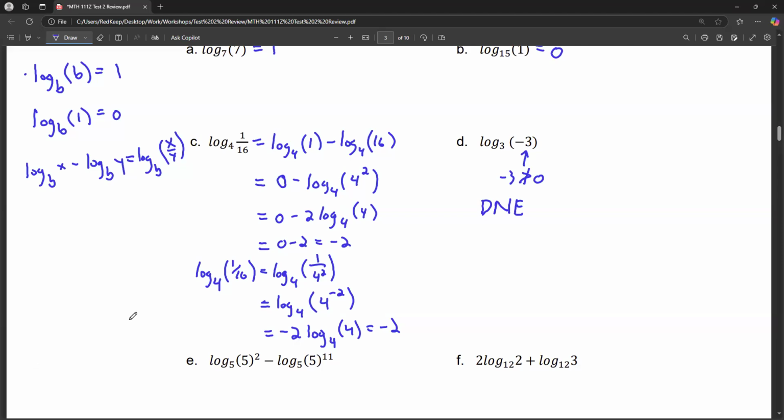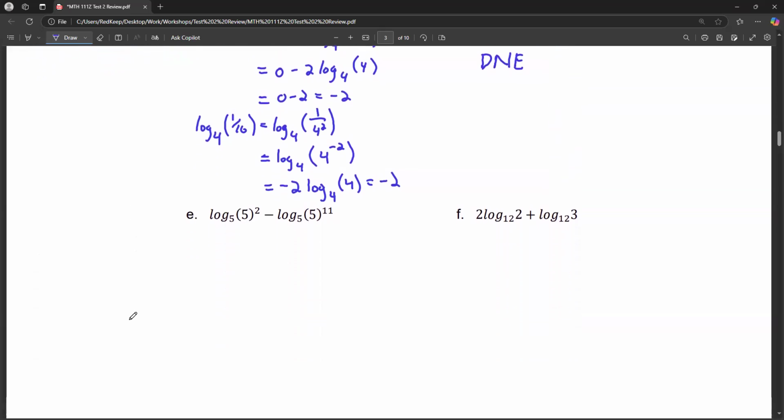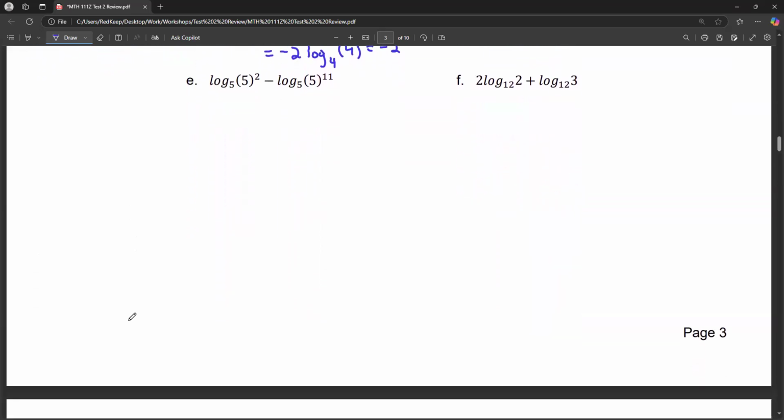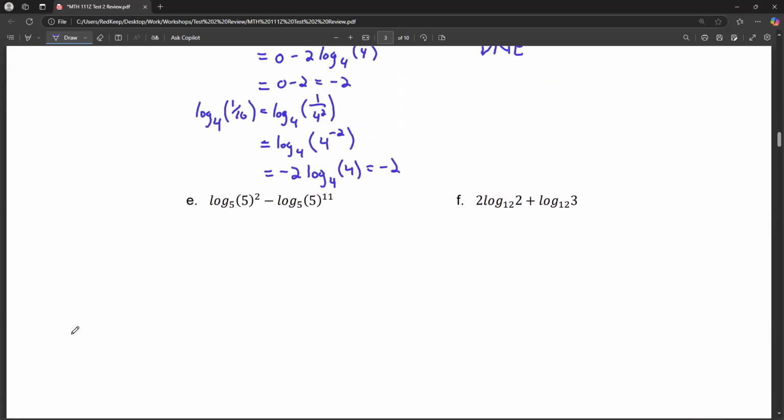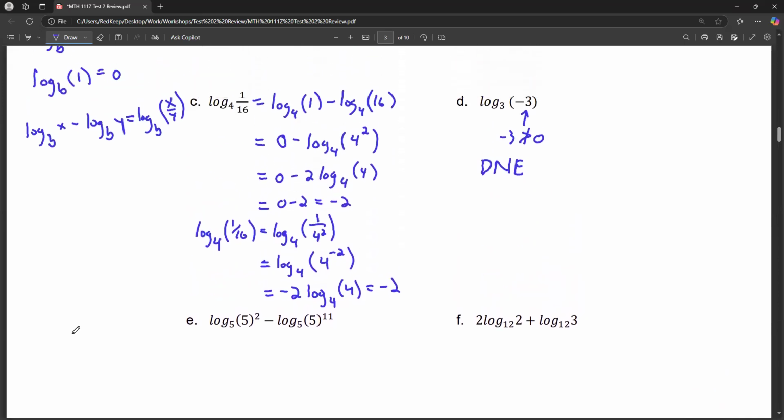Let's scroll down to part E. It looks like we have two logs with the same base, and they're being subtracted. If you remember the rule, let me scroll back up so we can see it. This rule here is this same scenario.